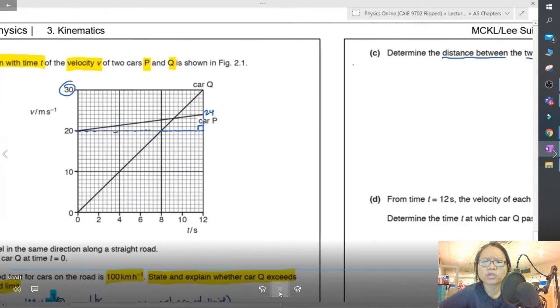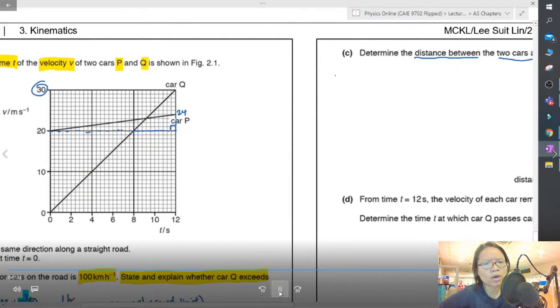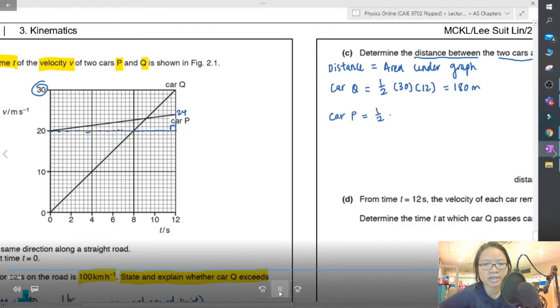Determine the distance between the two cars at 12 seconds. Well, that means I need to find the area under both lines. Let's find that first, and then subtract them. Car Q looks like a triangle, so I'll take half times the height times the base, which is 180 meters. Car P looks like a trapezium, so I'll take half the sum of the parallel lengths, 20 plus 24, and multiply by the height, which is 12.